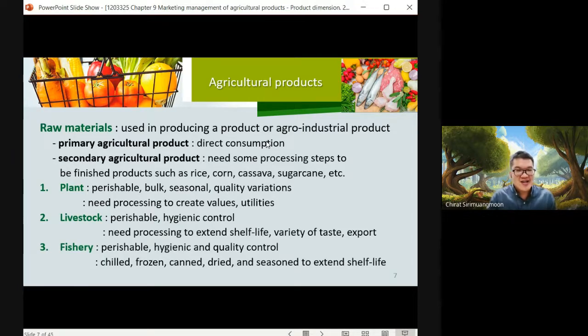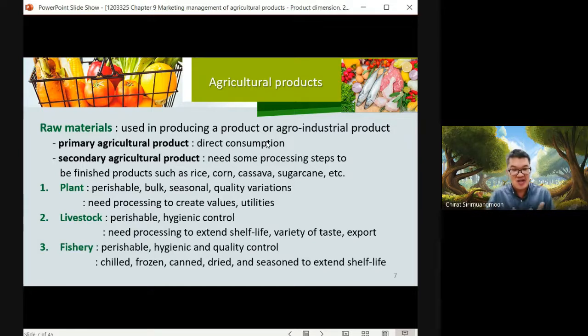In terms of plants, they do not have very high value, of course, since it's just raw materials. So you need to do some processing to add value and create utilities for the product.